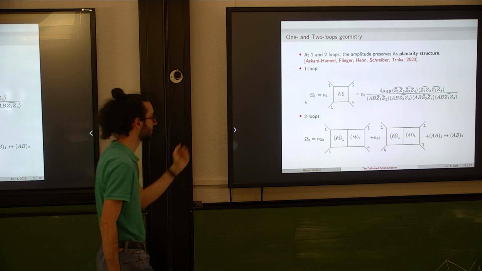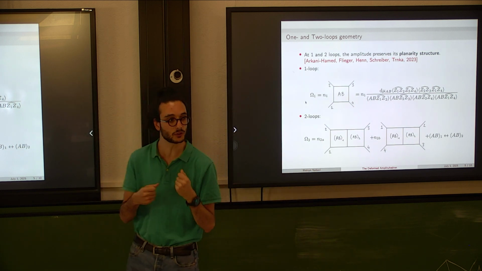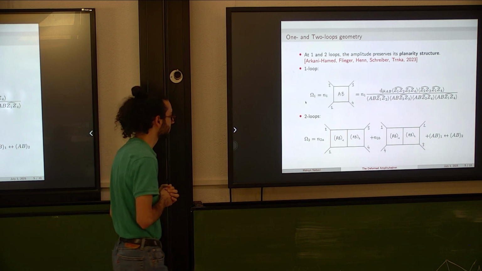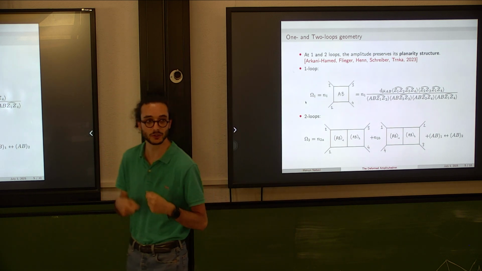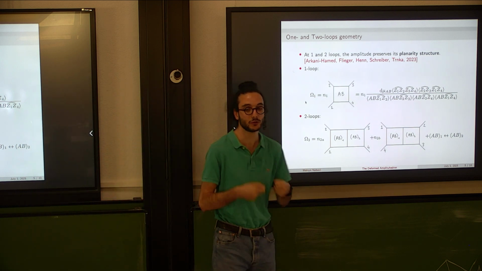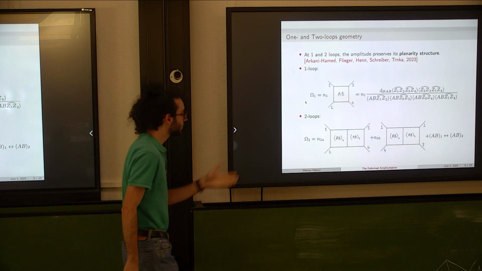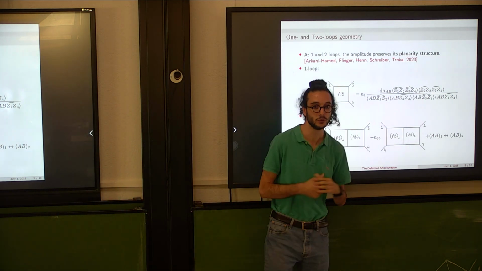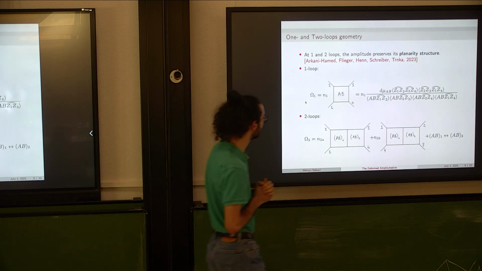At 2 loops, if you do the same exercise, there are additional terms that I did not write here. These additional terms correspond to non-planar configurations that we manage to exclude by taking certain cuts that violate certain inequalities and correspond to residues we don't want and that don't describe our geometry. So at the end, the 2 loop geometry can be expanded in these 2 box diagrams, where the way you interpret these diagrams is the following.